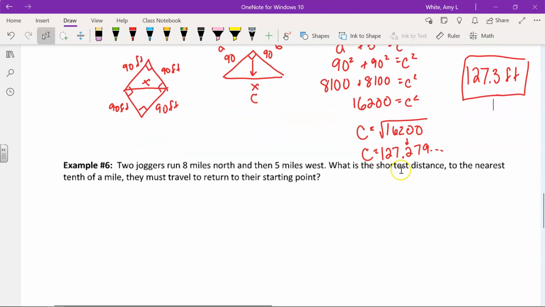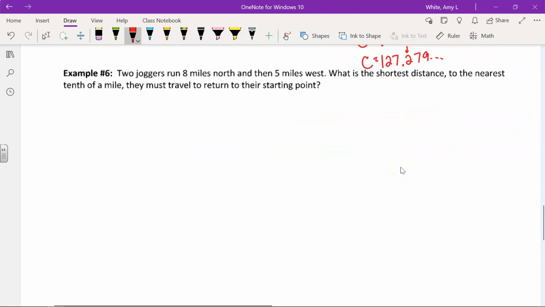In our last problem, they tell us two joggers run 8 miles north. So 8 miles north, we could assume north is up. And then 5 miles west. What is the shortest distance to the nearest tenth of a mile they must travel to return to their starting point?